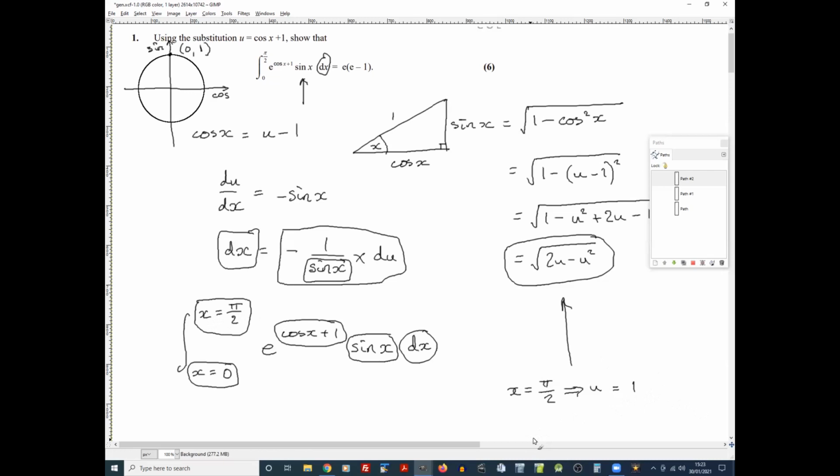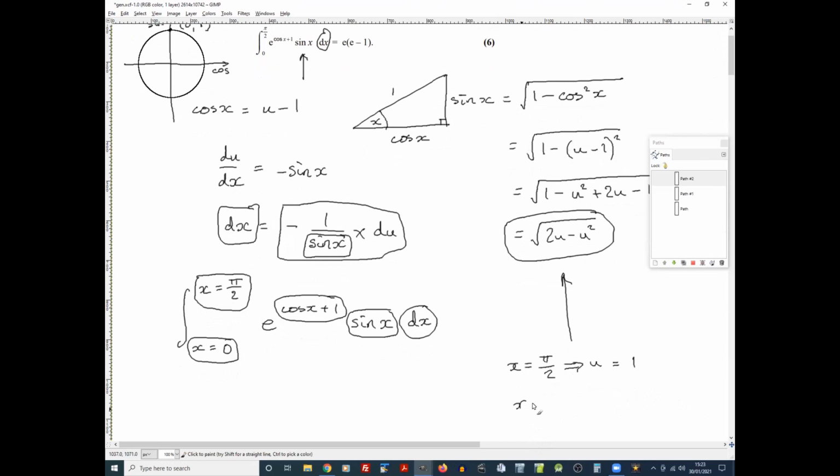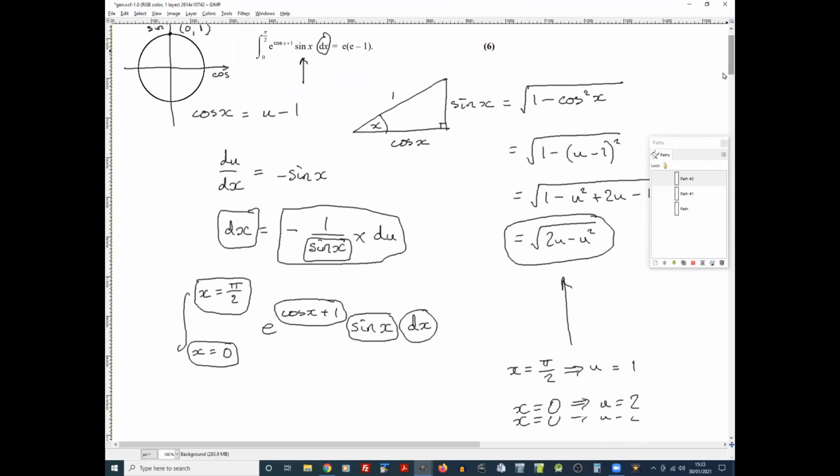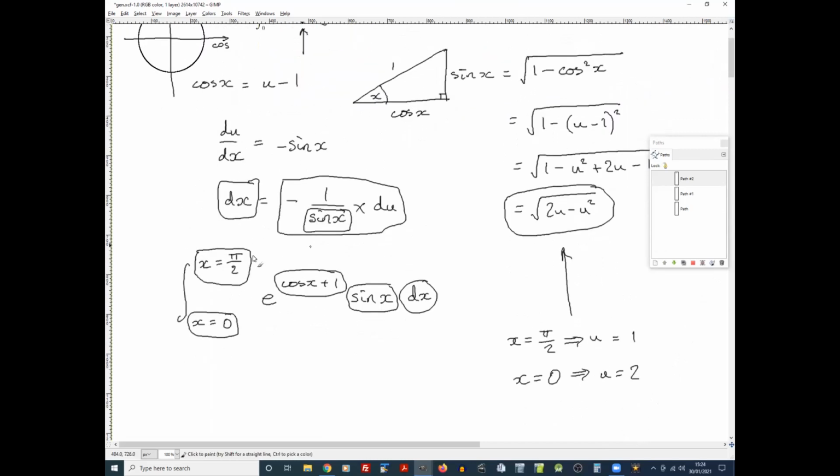And when x equals 0, u equals what? When x equals 0, u equals 2. Okay. So now we've prepared the ground completely.